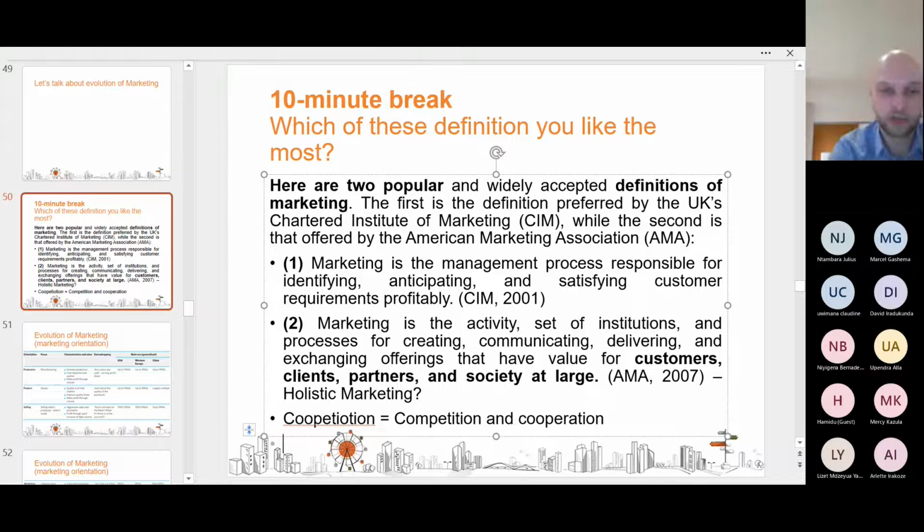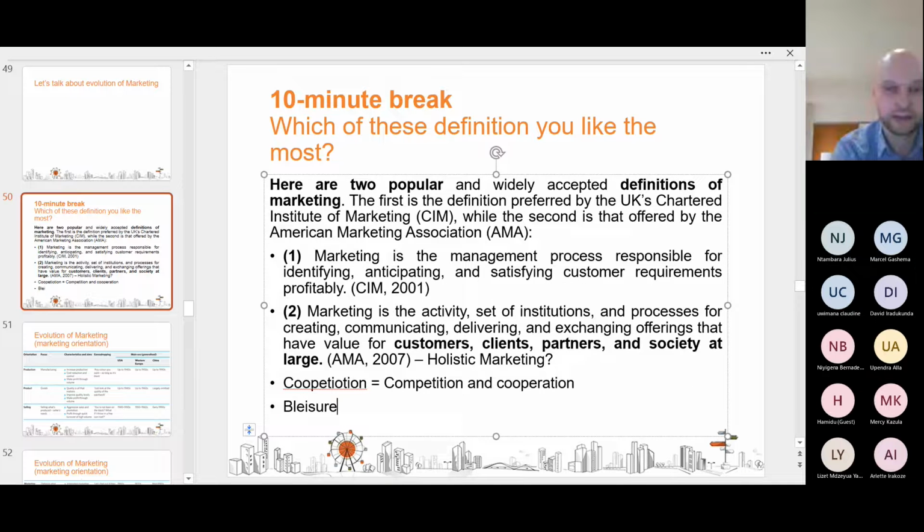We have another modern trend like the word bleisure. Bleisure is business and leisure. That's the case when business travelers travel to some destinations with business objectives and then spend some additional days or a couple of days traveling inside the destination.